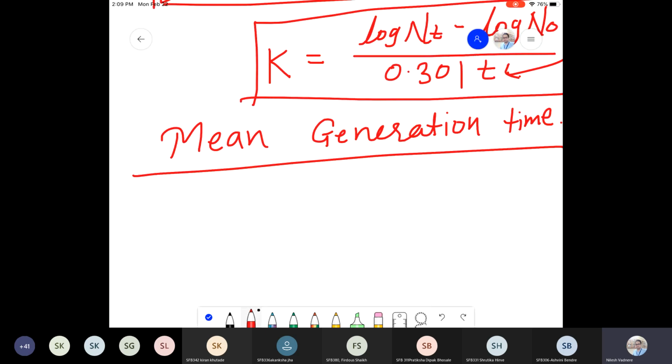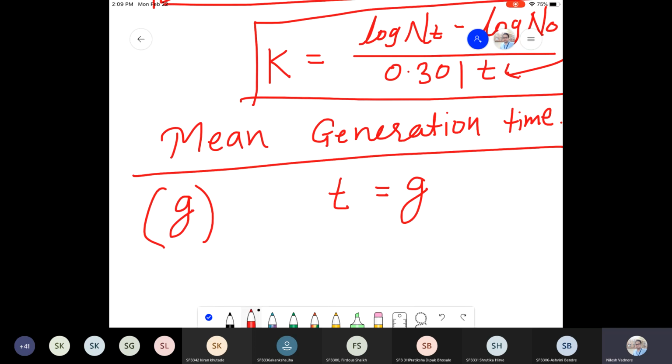So mean generation time is nothing but a doubling time, which can be denoted as G. It is the generation time, G for generation time. So suppose that if a population requires a time equal to t for doubling, then that time is its generation time.